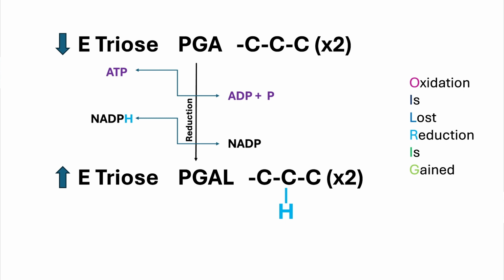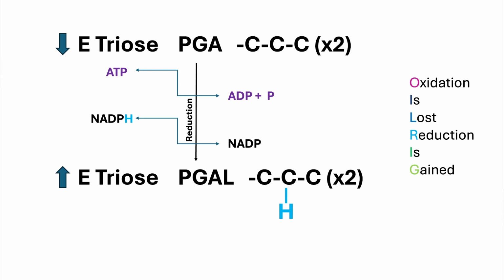The bond between the ADP and the P breaks, energy is released and is added to the C3 compound. The ADP plus the P can be used again in the light phase to undergo photophosphorylation.